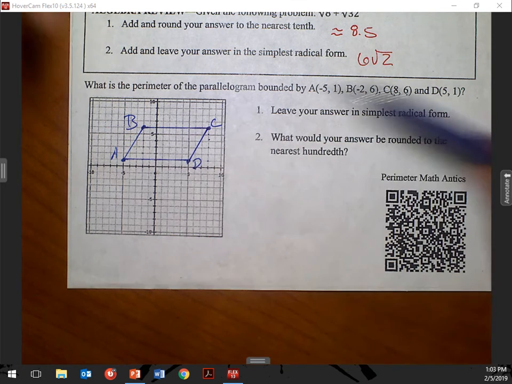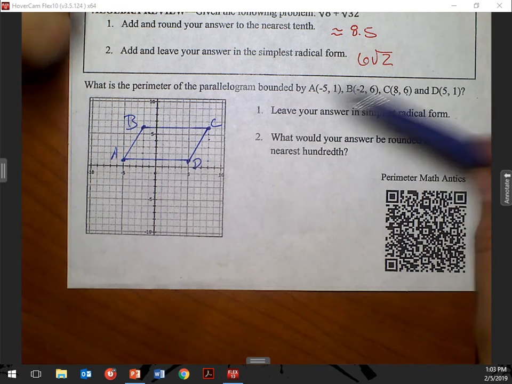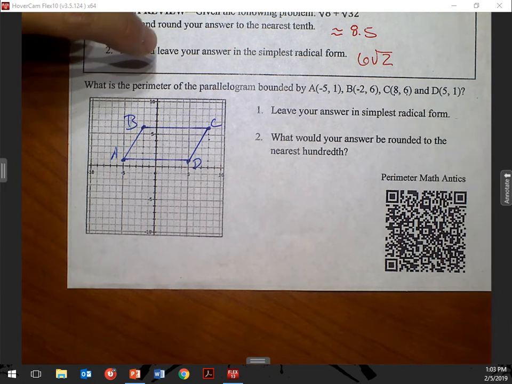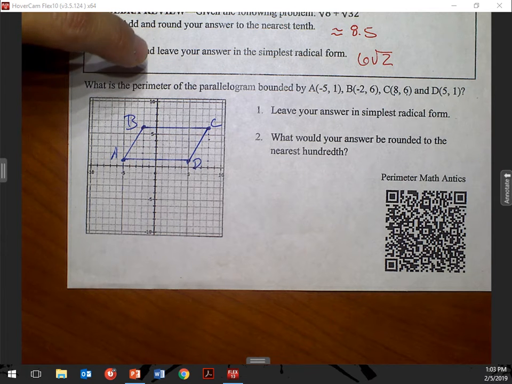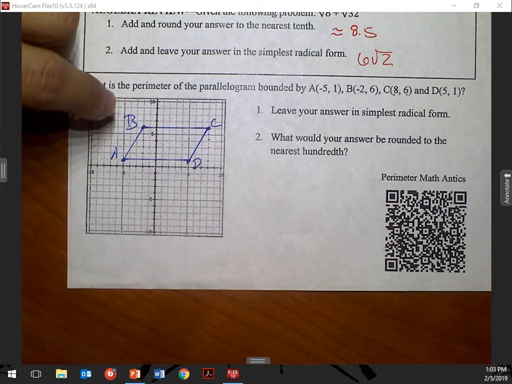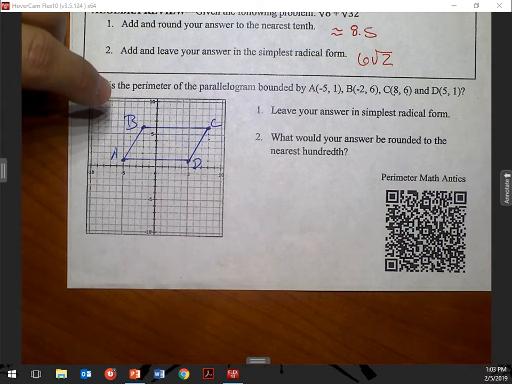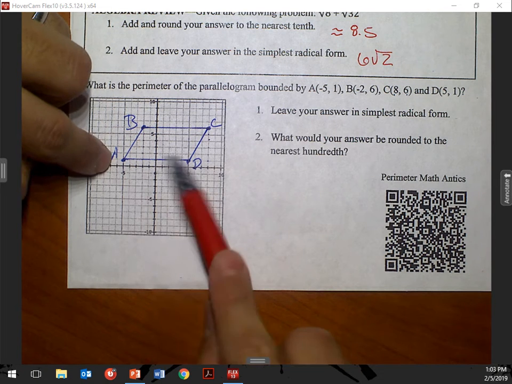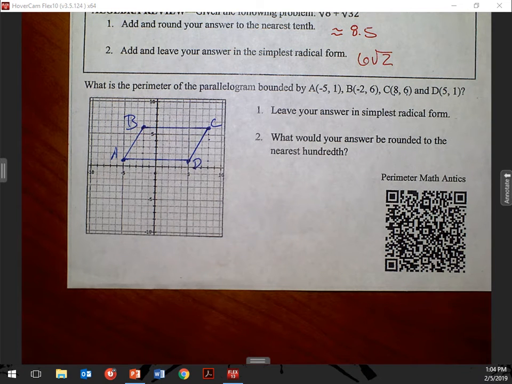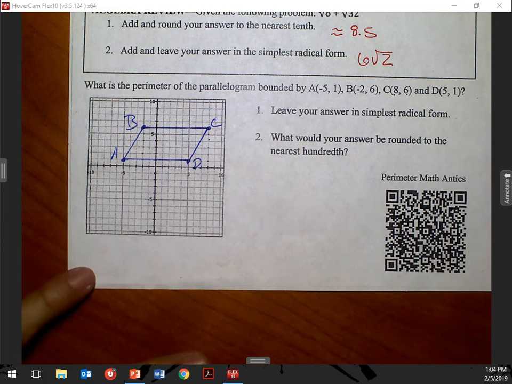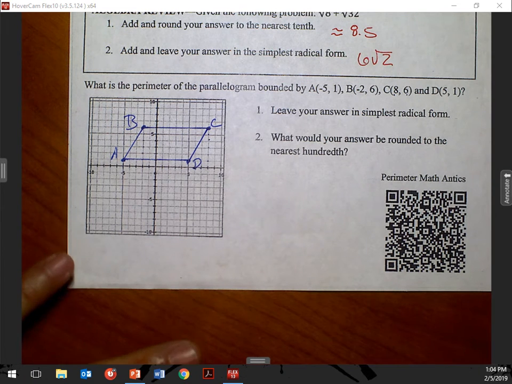For this right here, we have a parallelogram. I'm going to go through and actually figure out the sides that I need to have. Which ones of the sides are easiest to figure out the length? AD. Can you tell me what AD is? About 10. AD is 10? No, it's not.